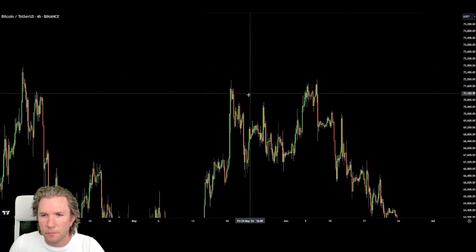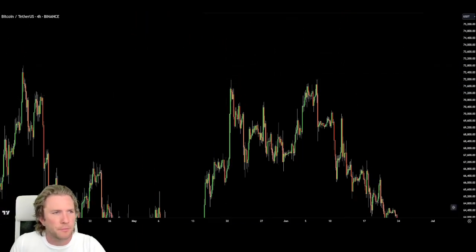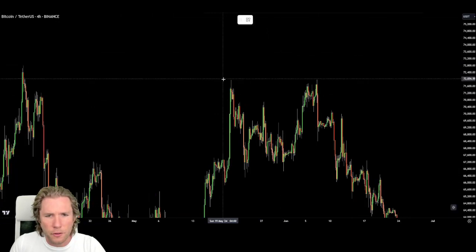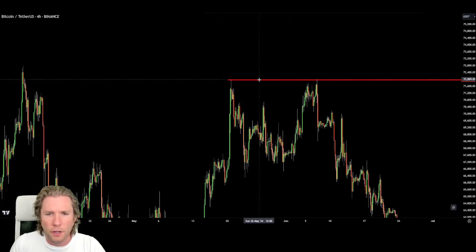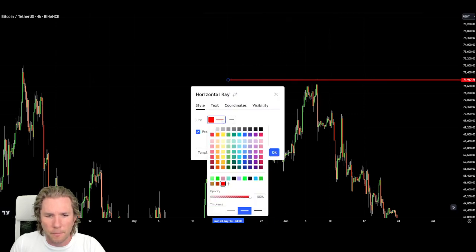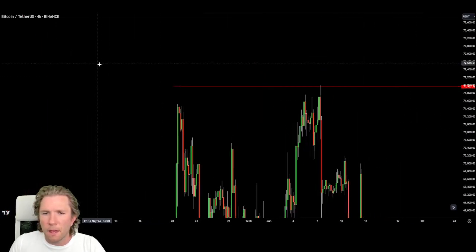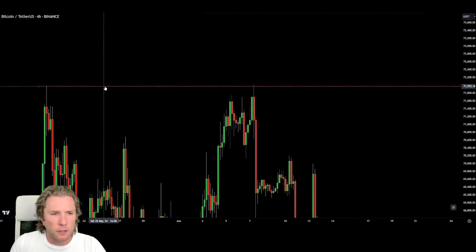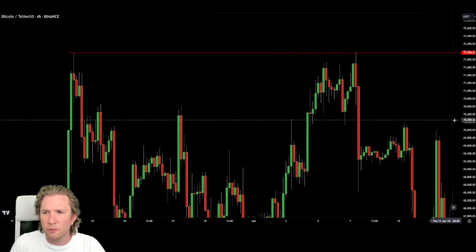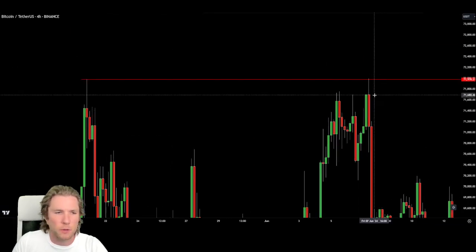At 72,000, here's our high. If you just draw a line across, and you're looking for a short entry, you have to make this thin so you can see it. These are called liquidity sweeps. I've talked about this before on my YouTube channel, back in 2018, 2019.